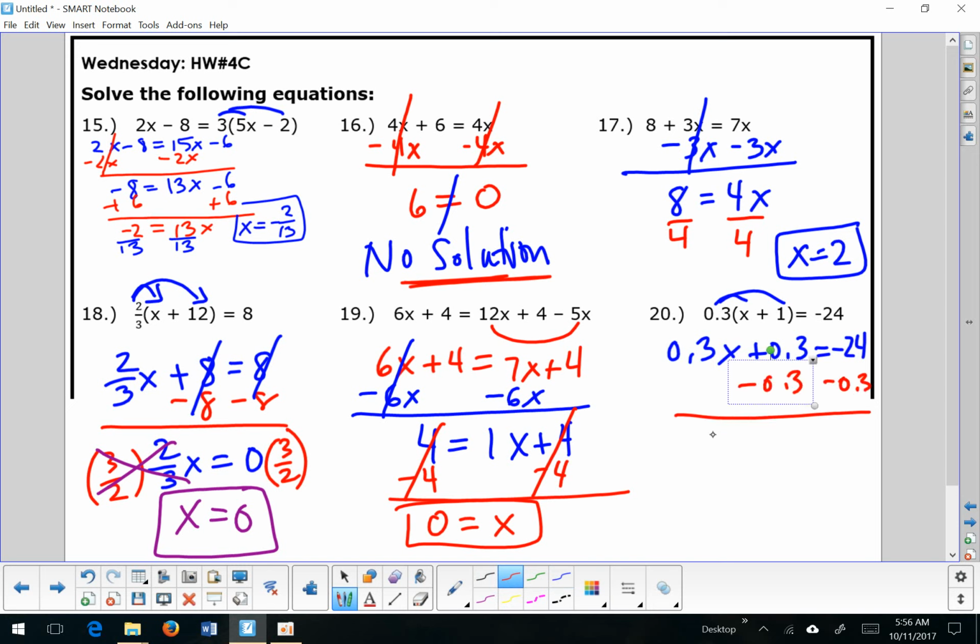And that actually gives me negative 24.3, because when the two signs are negative, you add together. Same signs add together. Different signs subtract. Take the sign of the larger number, then you'll be exact, right? So let's clear this coefficient by dividing. And I get our final answer here of negative 81.